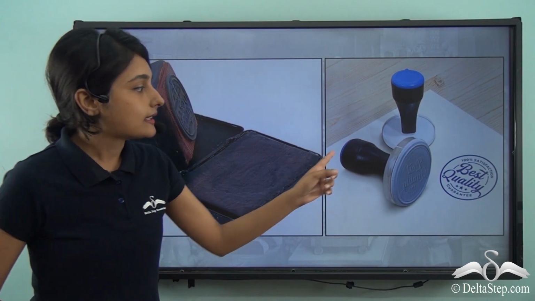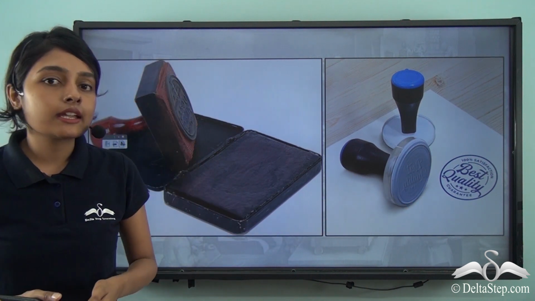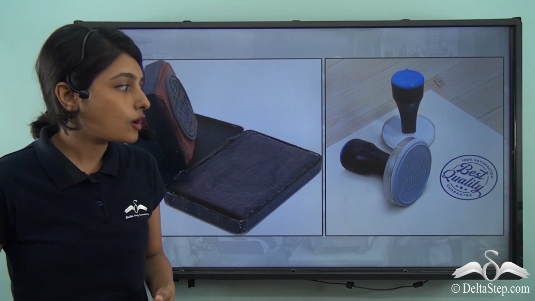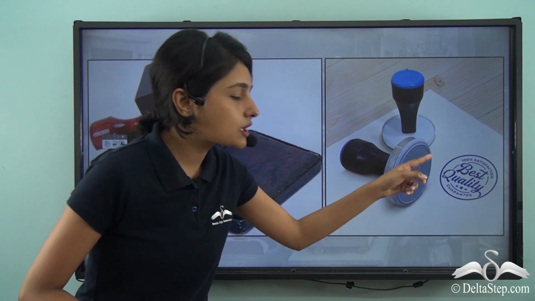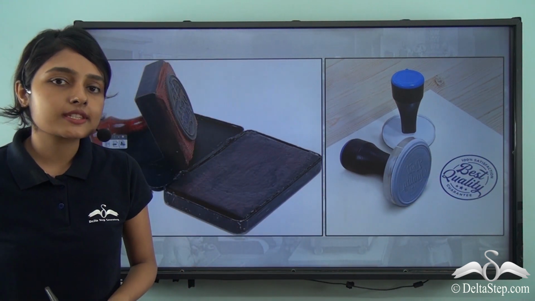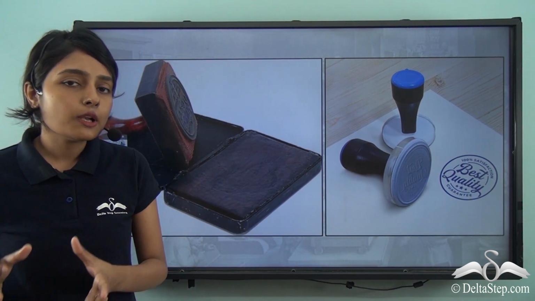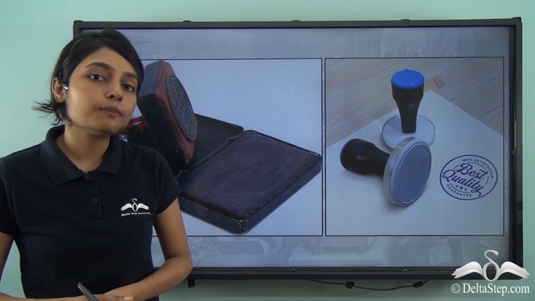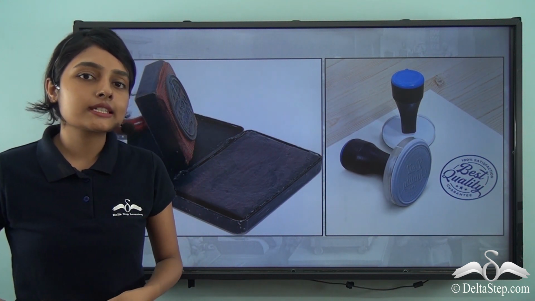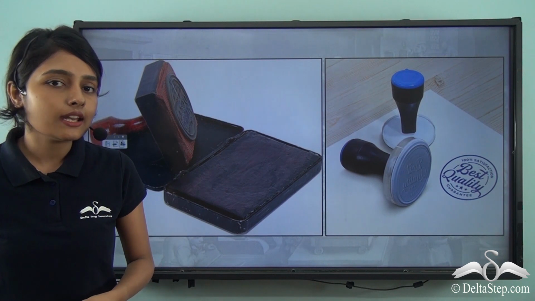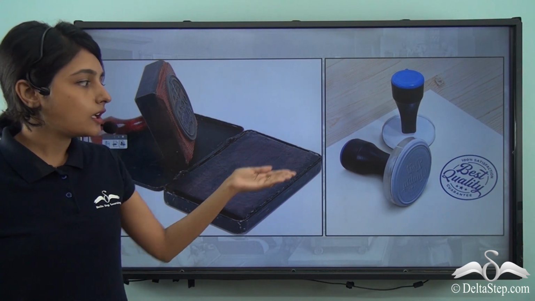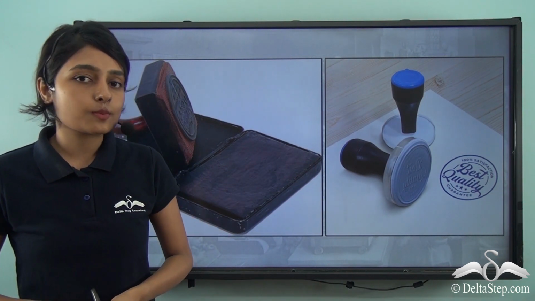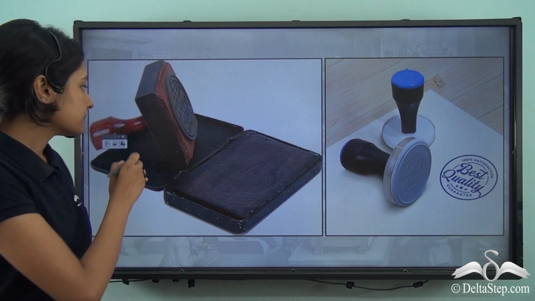And then these stamps are dyed with ink in order to paint or stamp these impressions on paper or on different surfaces. So the woodblock printing technique that we talked about as the first printing technique to have evolved in China bears resemblance with the process of stamping that we see in today's world.